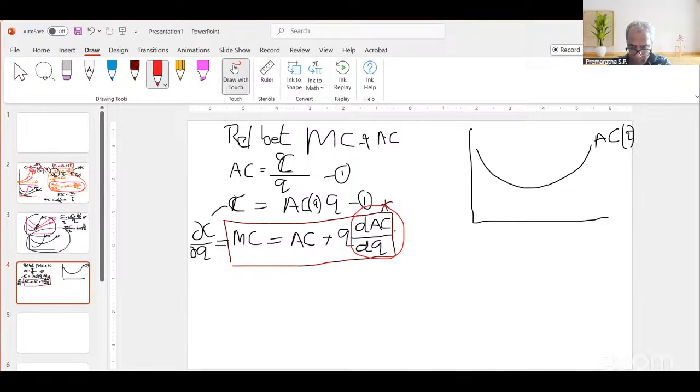This I name as equation number 2. This part means the slope of the average cost curve.